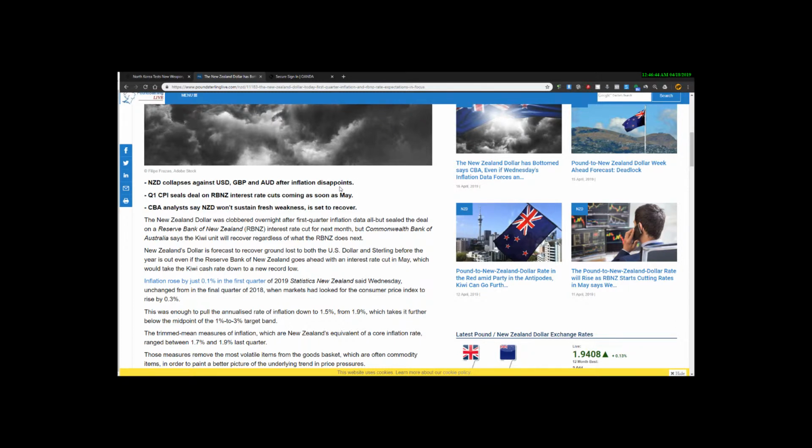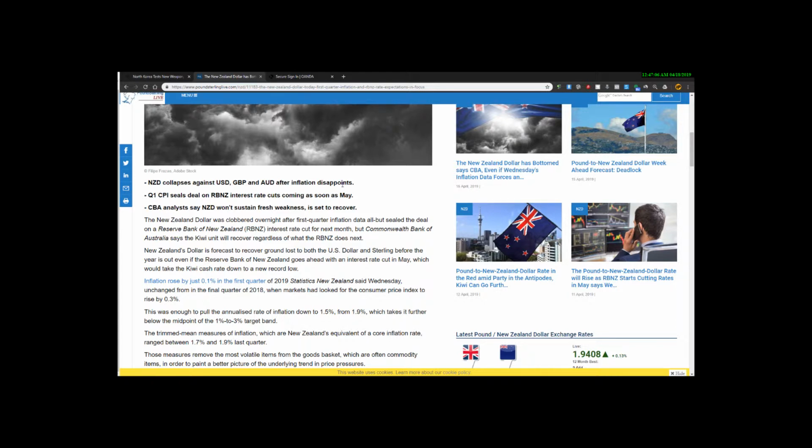Because that dropped, the New Zealand central bank is saying, hey, we're possibly going to cut interest rates in May and possibly in August. Since they're looking to cut rates, investors have no reason to buy that currency right now. That's why I ended up going short, because my long-term view is that the New Zealand dollar is going to go down further.